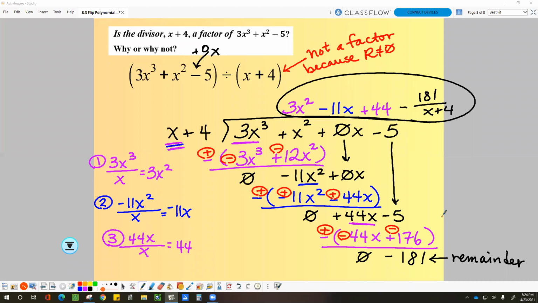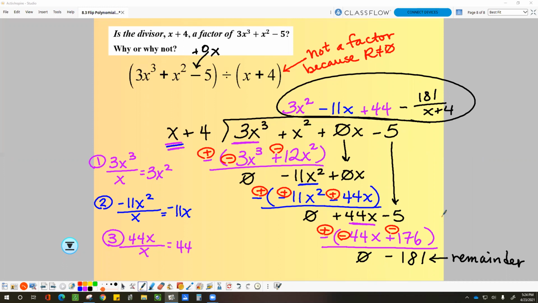So I've worked through this. The dividend was missing a degree 1 term. Check your work and make sure that we agree. The remainder is 181. I write that as a fraction over x plus 4. Oh, it's negative 181, sorry.